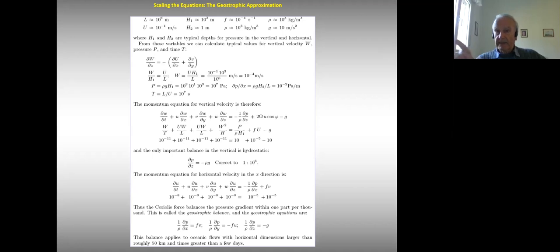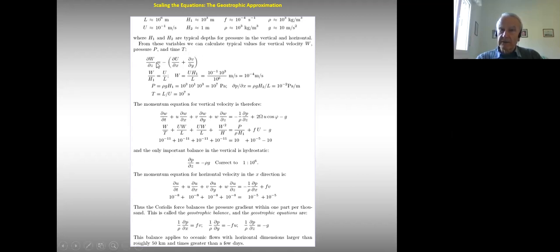We obviously did not pick these typical values by chance. We know that the horizontal scale of the oceans is on the order of 1,000 kilometers, because for example, the Atlantic is 4,000 kilometers wide. We know that the depth is 10 to the 3 meters, so it's 1,000 meters, which is a very good guess, and so forth.